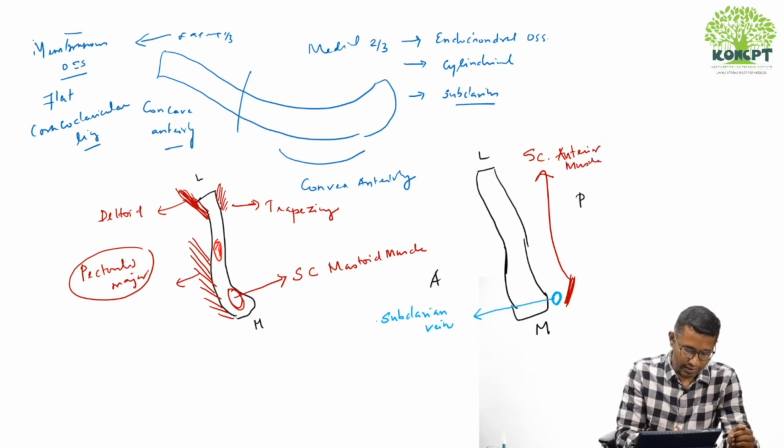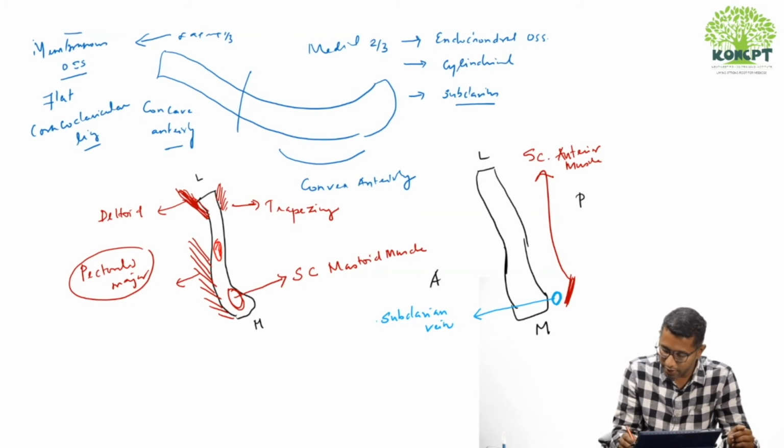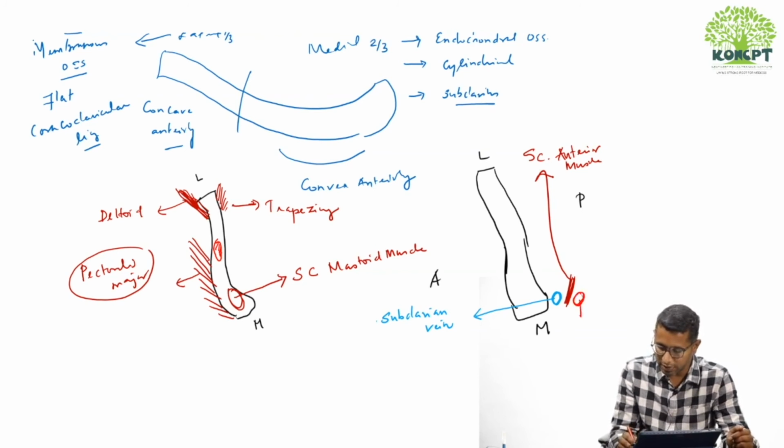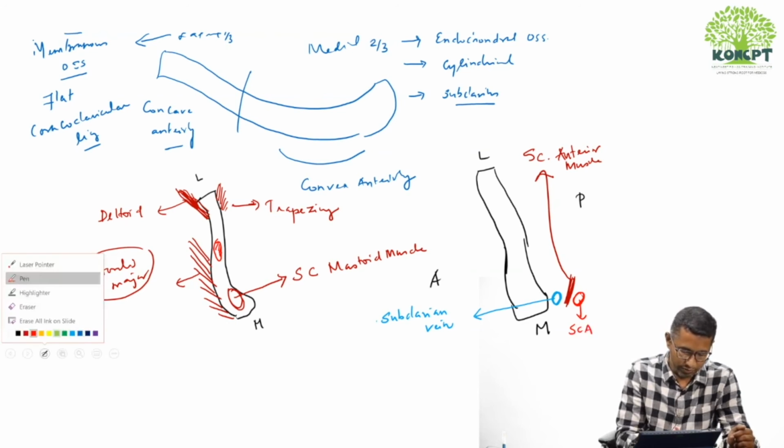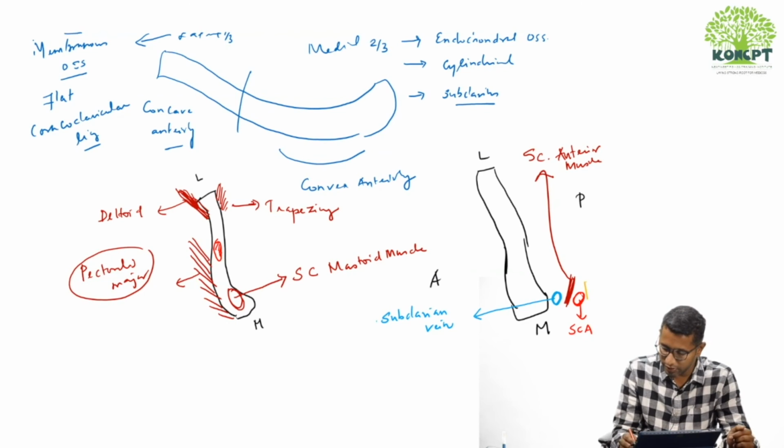Posterior to the scalenus anterior muscle, you get an important artery running here, which is the subclavian artery, and posterior to the subclavian artery, you get the bunch of nerves running here, which is the brachial plexus.